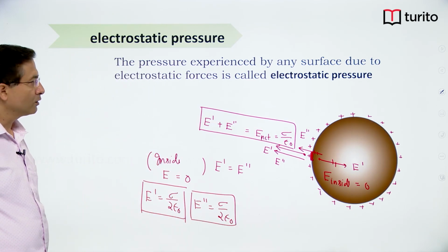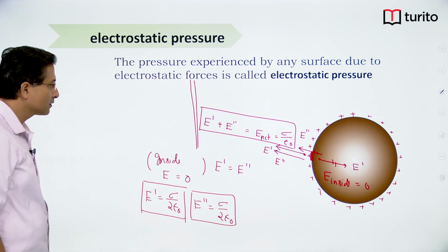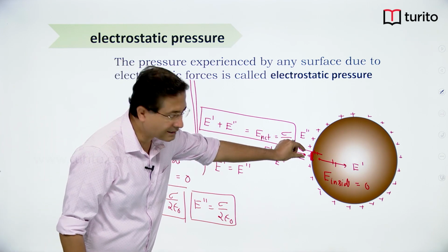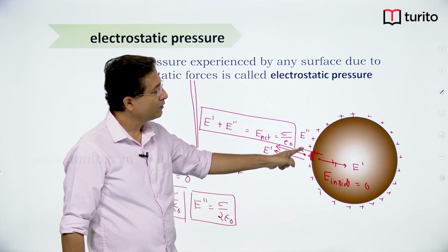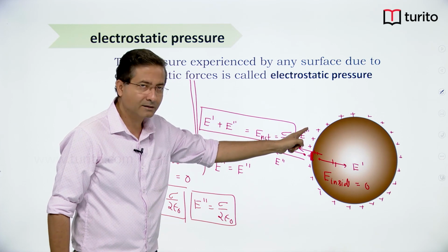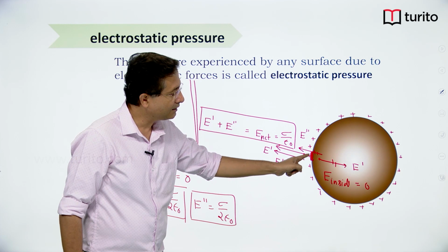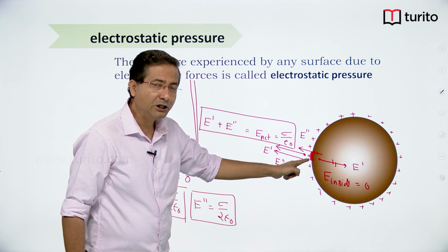Right. To get the force, this small element is kept inside the field created by the leftover part. The field created by the leftover part is E double dash. In E double dash field, this charge is kept, let us call it dq dash.